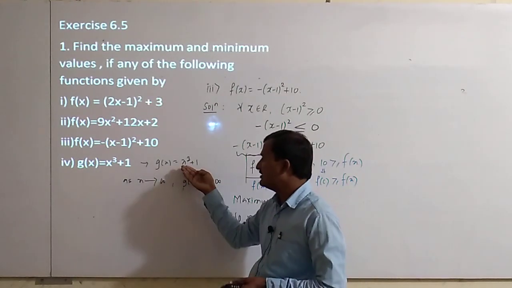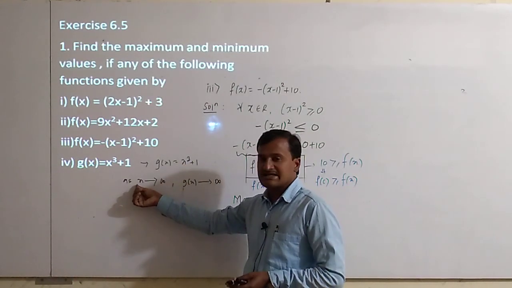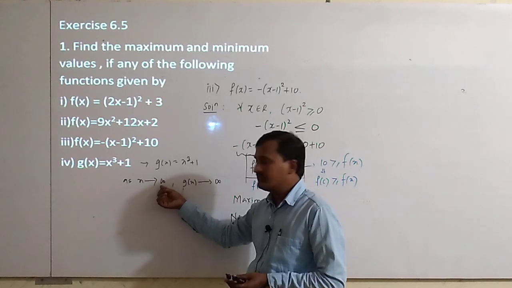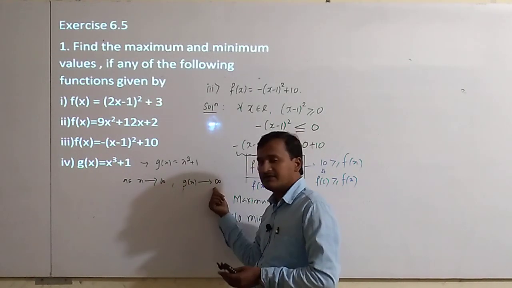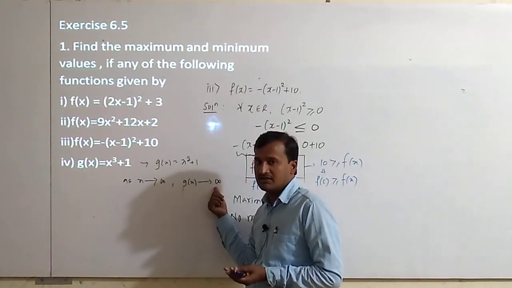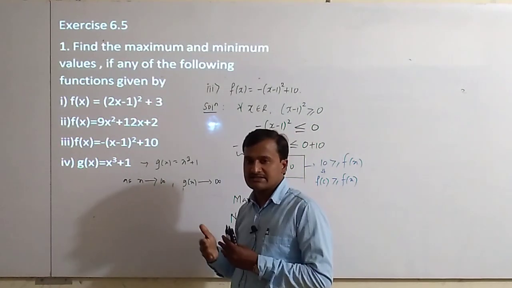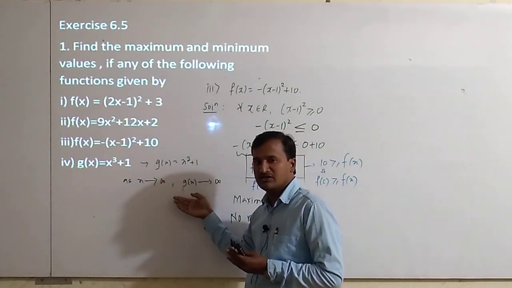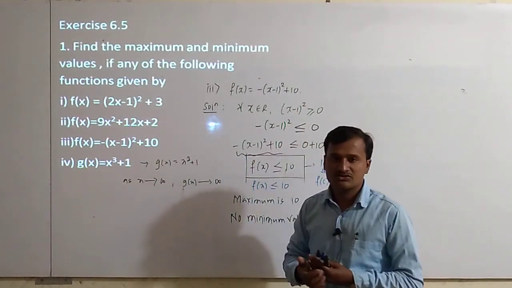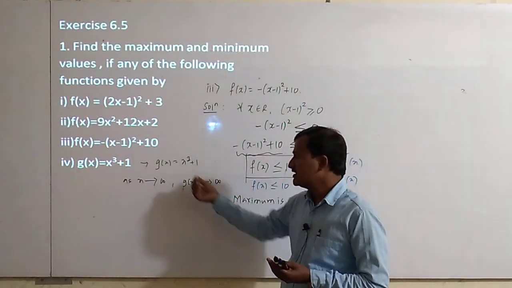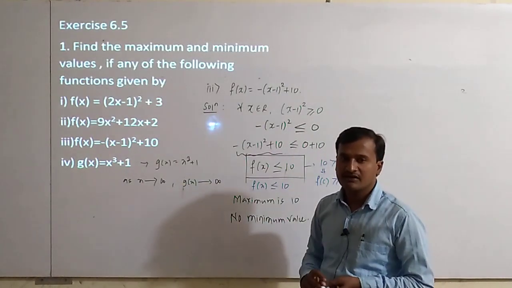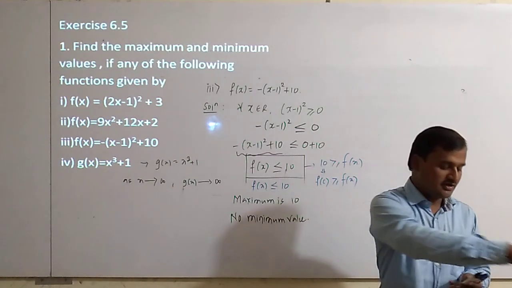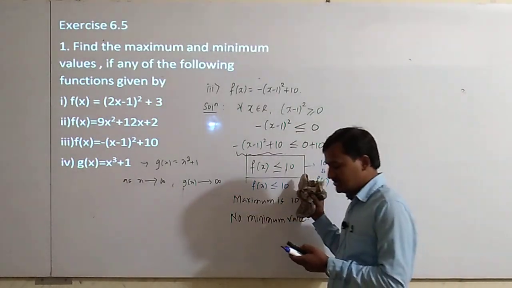Whatever the value of x, if x approaches infinity, then g of x also approaches infinity. So therefore this function does not have any maximum value. Okay, now let us go to the next questions.